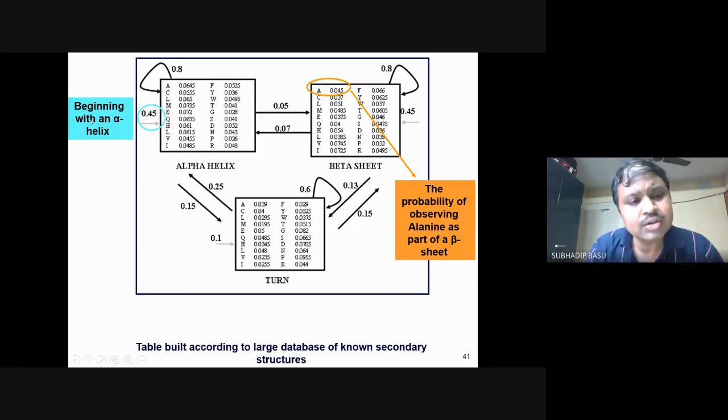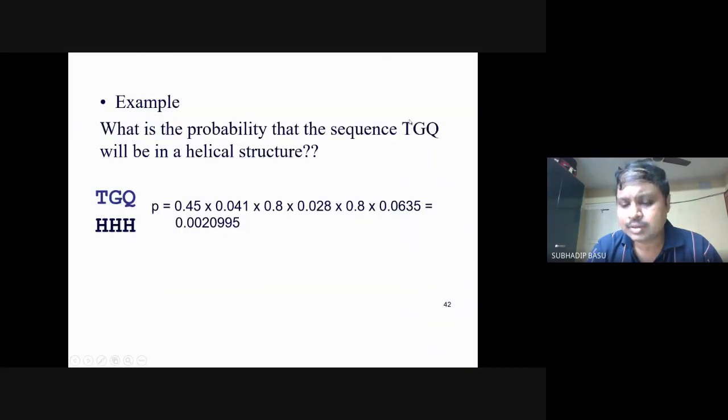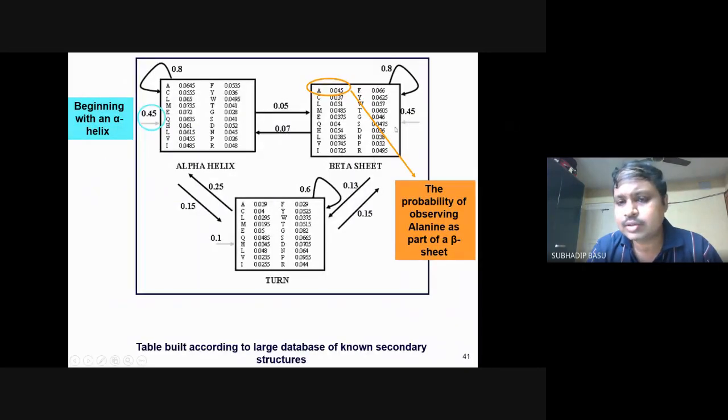We can start a sequence with a specific structure, for example helix as 0.45. Similarly, the initial state probability of being a beta sheet is 0.45, and for being a turn it is really low because it is really unlikely that a sequence starts with a turn, so let us give it 0.1.